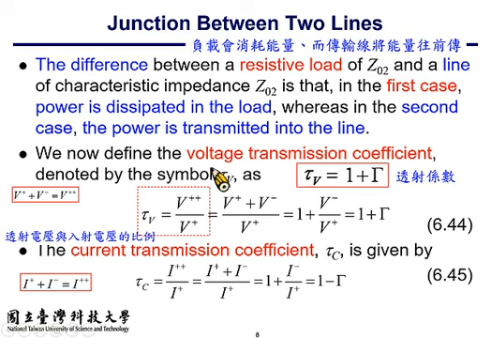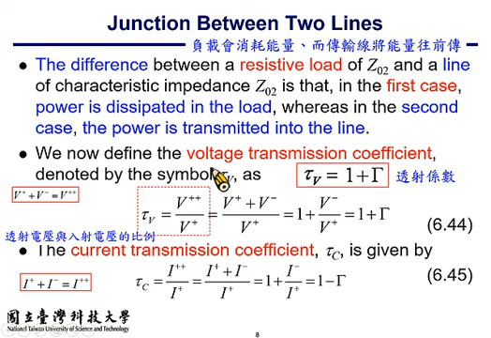Okay, so I recommend you to memorize this formulation right now. The transmission coefficient, which is usually expressed in terms of tau. Well, that is another Greek letter, all right? Lowercase Greek letter tau. Tau equals to 1 plus gamma.